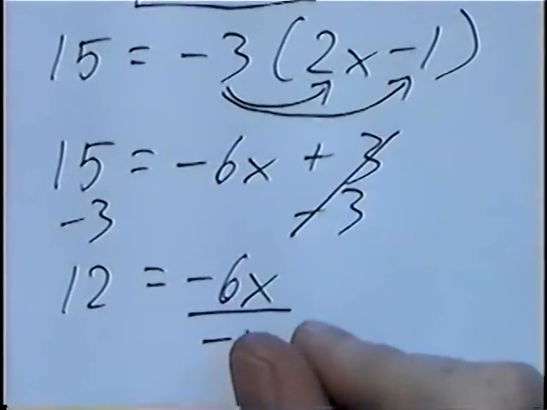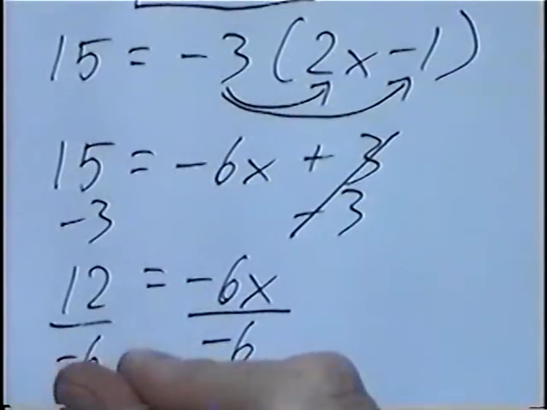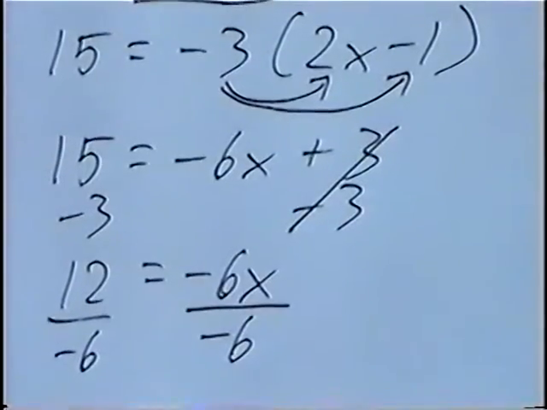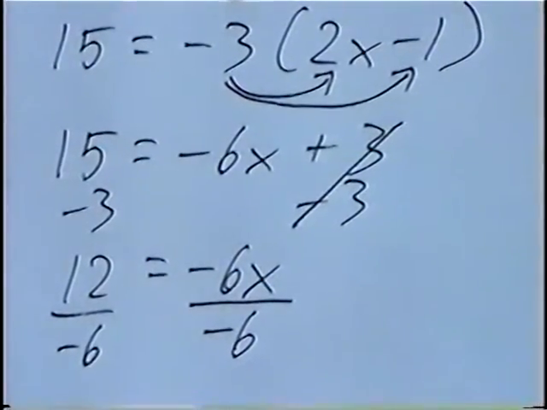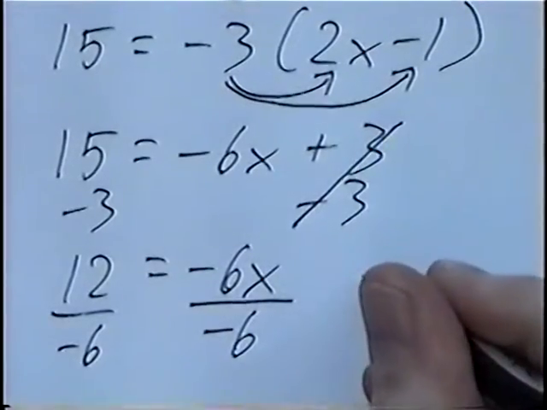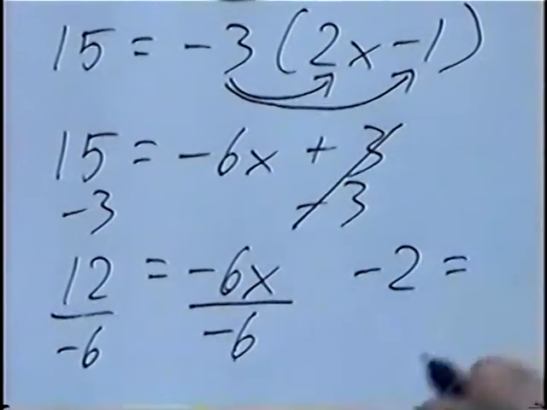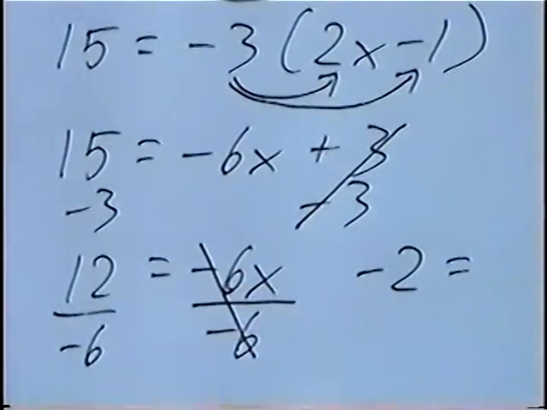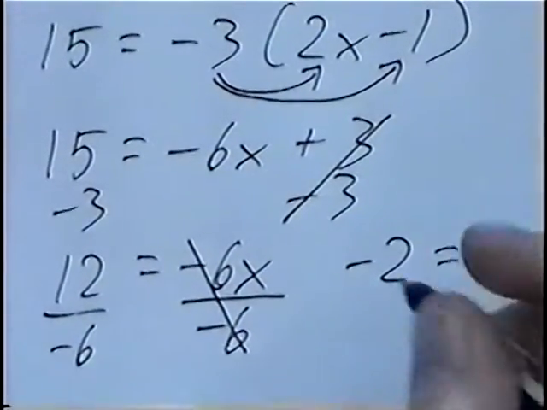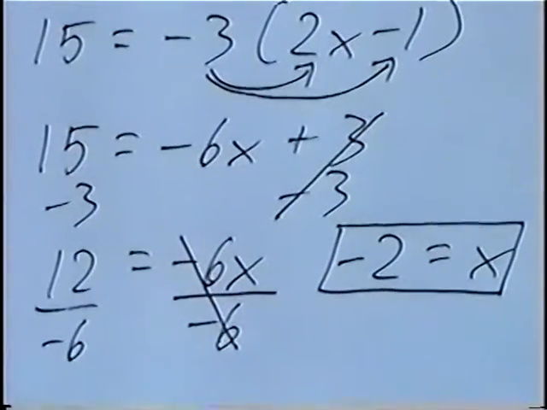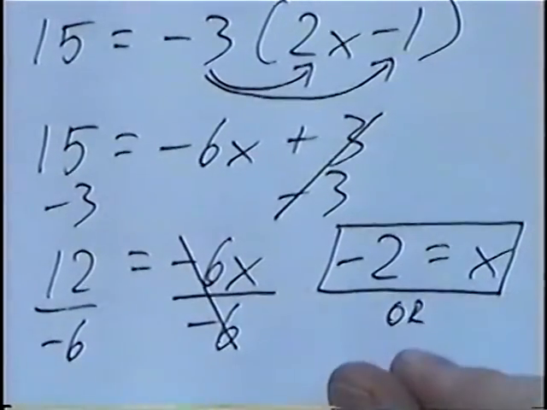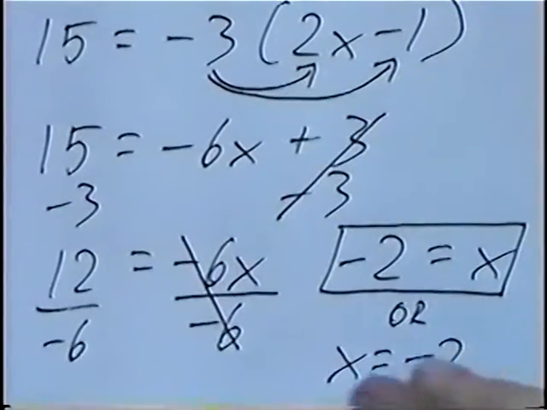To get rid of multiplying by negative 6, we can divide by negative 6 on both sides. And 12 divided by negative 6 would be negative 2. Negative 6 would cancel, and we'd have x left, so negative 2 equals x. Or if you want to, you could rewrite it x equals negative 2.